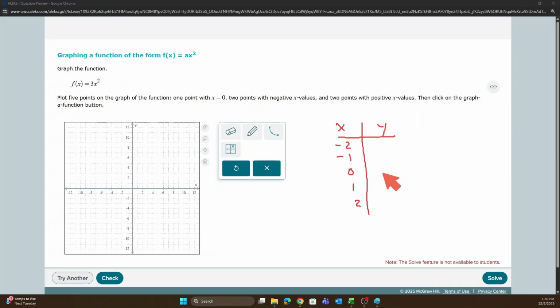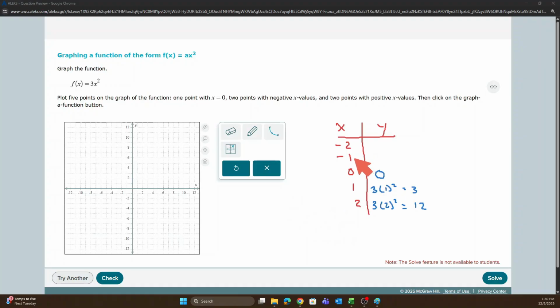So at 0, we know that it's going to be 3 times 0 squared, so that's just 0. For 1, this is 3 times 1 squared, which is 3. And then for 2, it's 3 times 2 squared. 2 squared is 4, times 3 is 12.